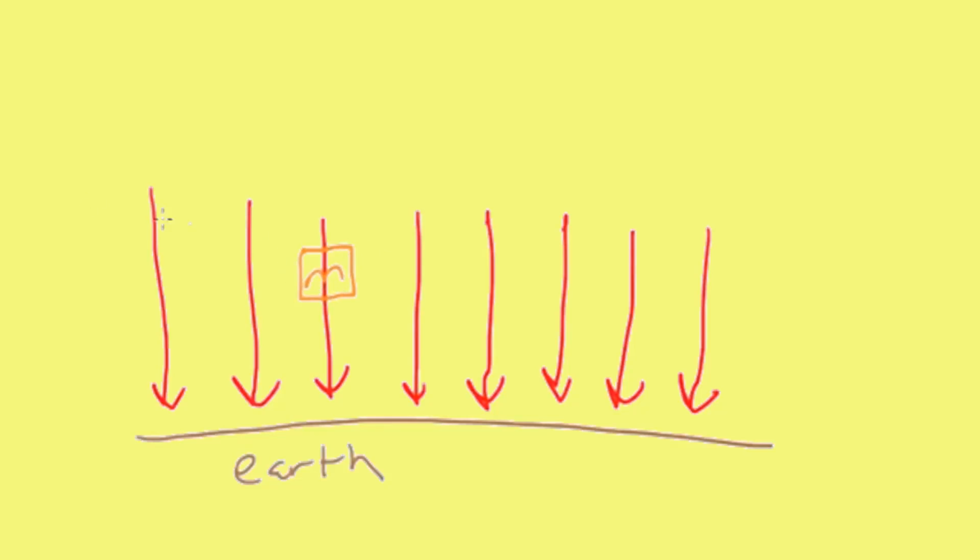If we wanted to describe the potential energy of this box of mass M at a height h above Earth, then its gravitational potential energy would be its mass times gravity times height. So you can think of it as its weight times the distance above. This is the ability for it to do work.